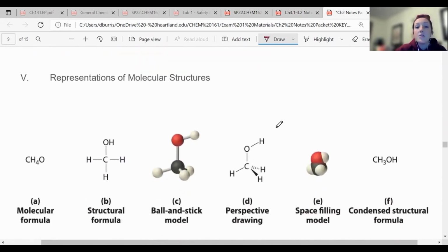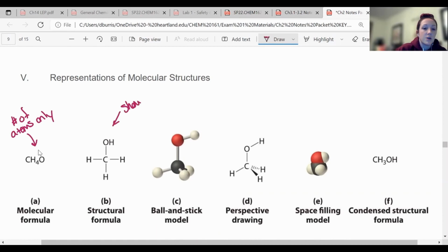Okay, other representations of molecular structure. We just talked about the chemical formula. This just tells you the number of atoms, and that's all it says: number of atoms only. There's a whole bunch of other ways to draw and represent molecules that can show you how they're bonded or what they look like in 3 dimensions.